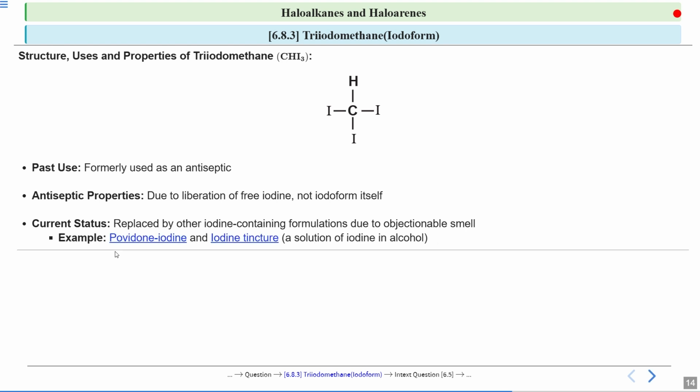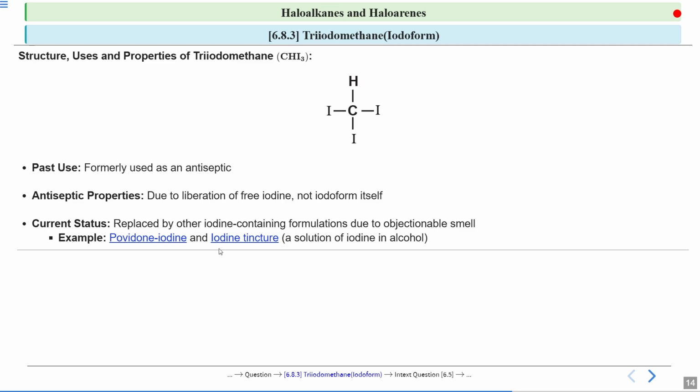Examples are povidone iodine and iodine tincture, a solution of iodine in alcohol, which we use as an antiseptic in today's time in place of triiodomethane due to its objectionable, uncomfortable smell.